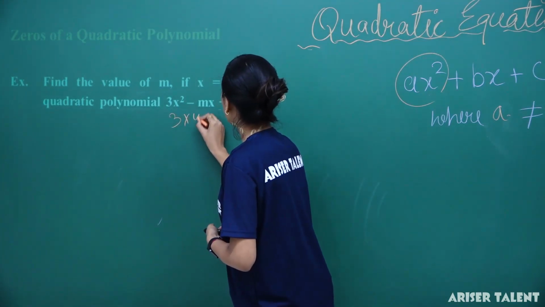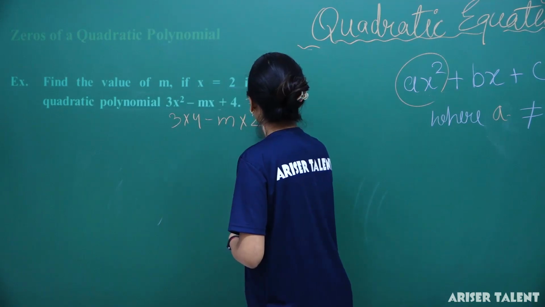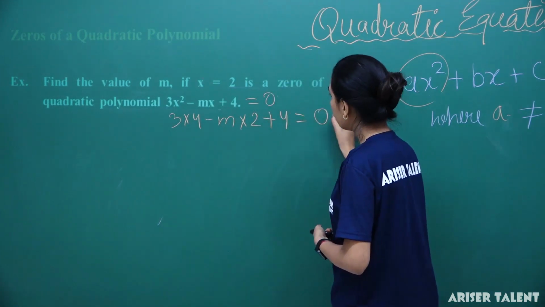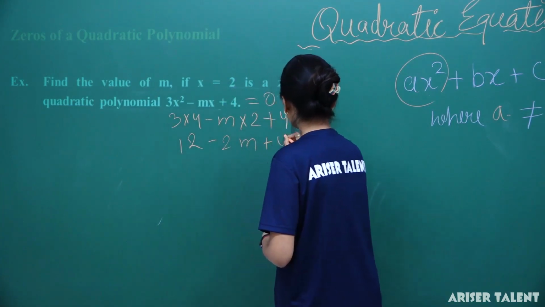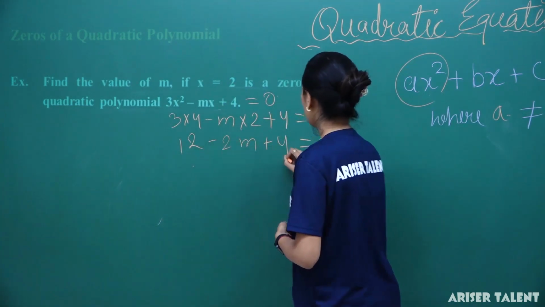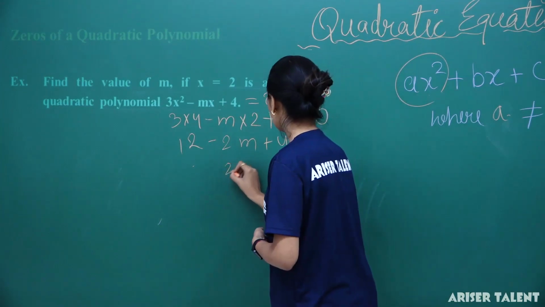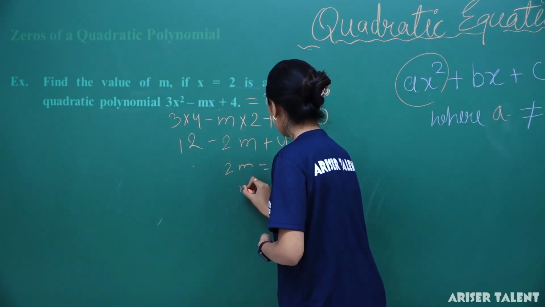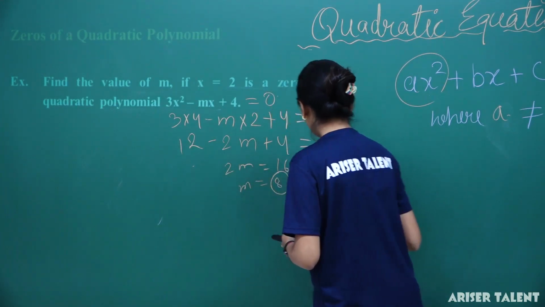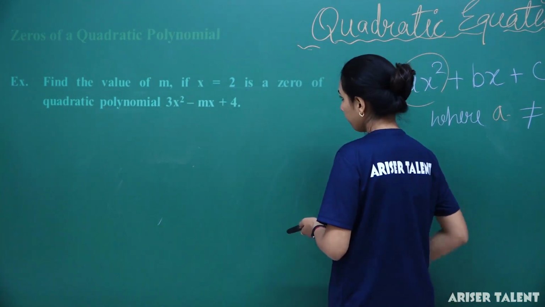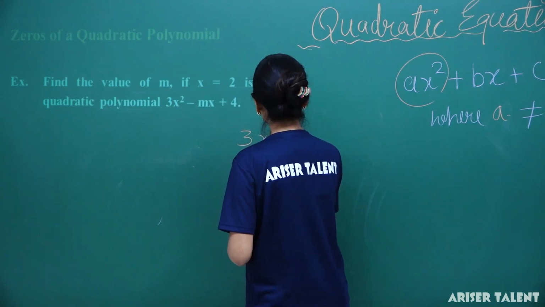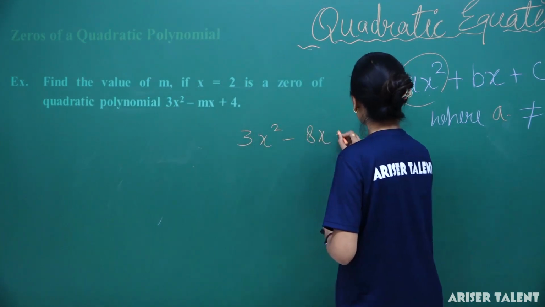So this is how we solve this. Okay, you can remember it. 2m equals to 16, m equals to 8. Okay, so the value of m is 8. That means this equation is basically 6x square minus 8x plus 4.